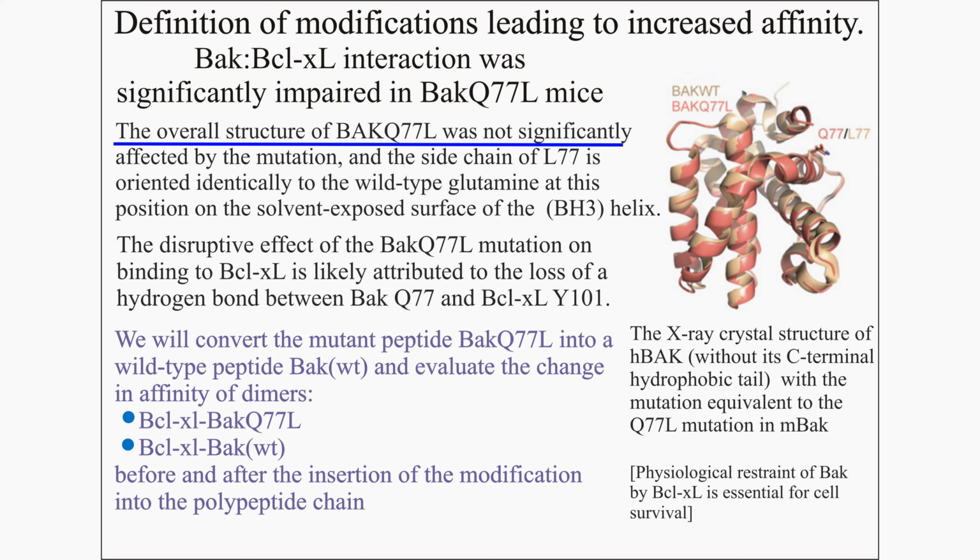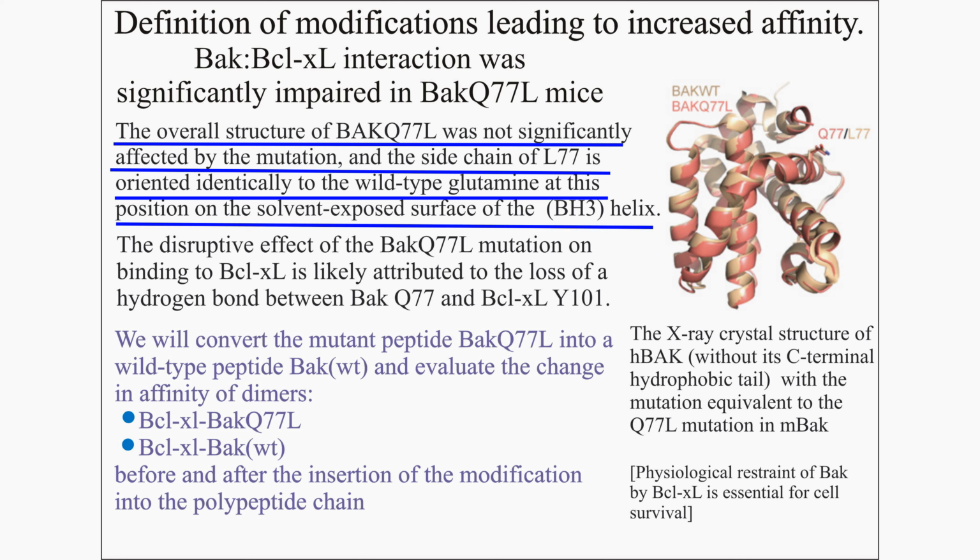The overall structure of BAK Q77L was not significantly affected by the mutation, and the side chain L77 is oriented identically to the wild-type glutamine at the position of the solvent-exposed surface of the BH3 helix.